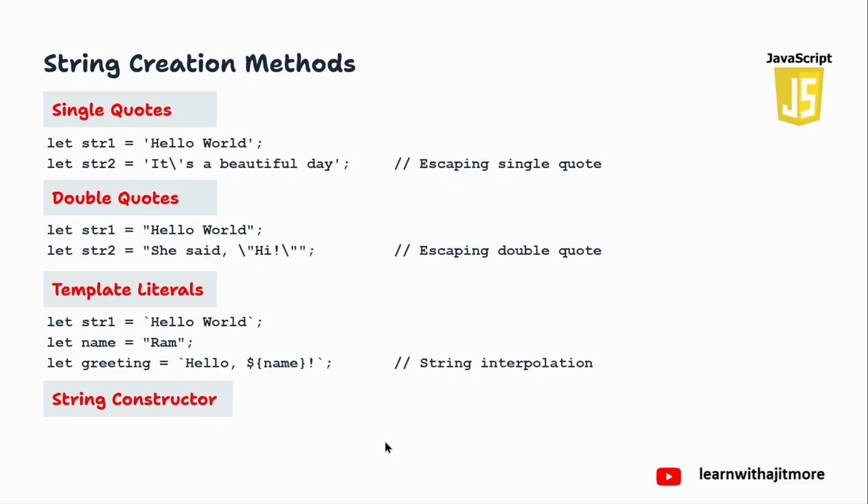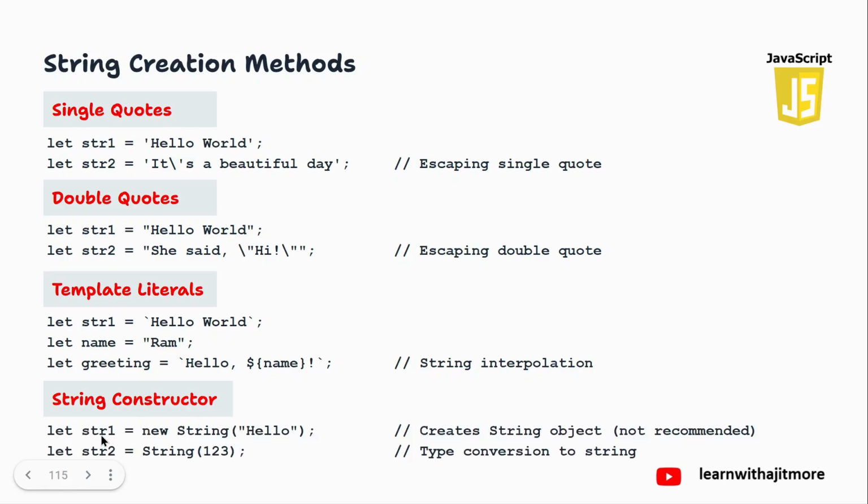Okay. And the fourth way is by using the string constructor. New. A constructor is a magic method which is used for creating objects. So here you can see let str1 equal to new String bracket double quote hello. But please remember, here it allocates separate space. In the other way, if I wrote let s1 equal to hello, let s2 equal to hello, both are referring to the same hello. That hello will stay in one place in the pool and both refer to the same hello, but not here. This constructor will create a new object every time. It creates a string object.